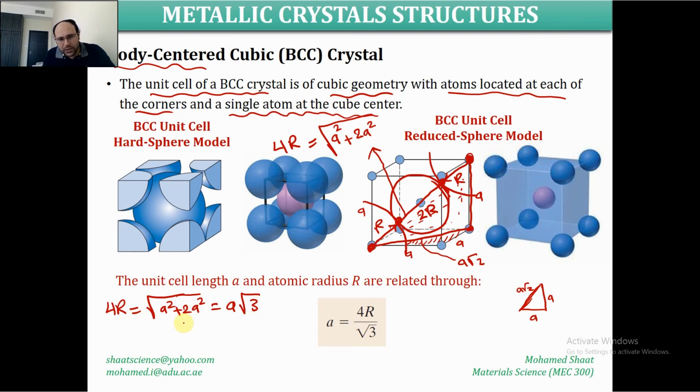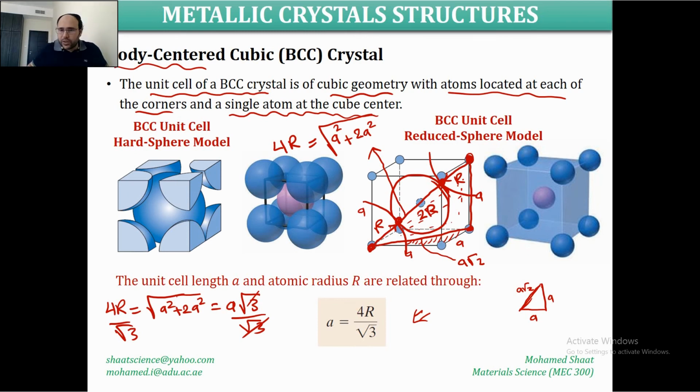Then if you divide both sides by the square root of 3, this is going to give us A equals 4r divided by the square root of 3.